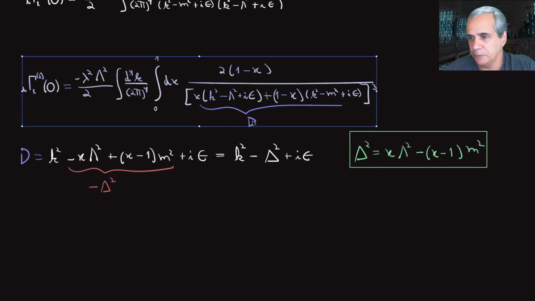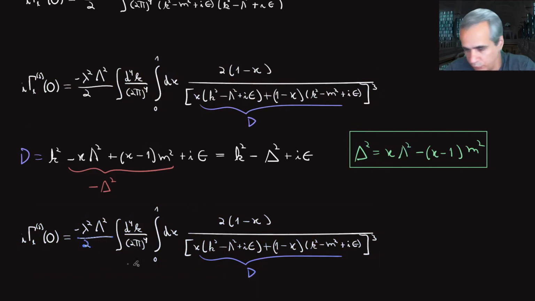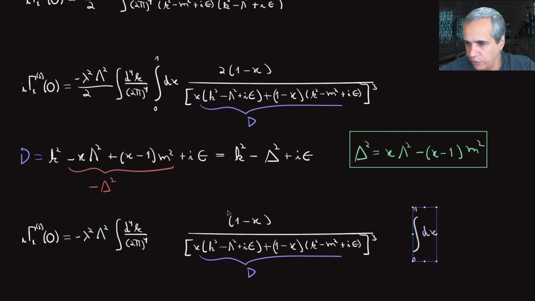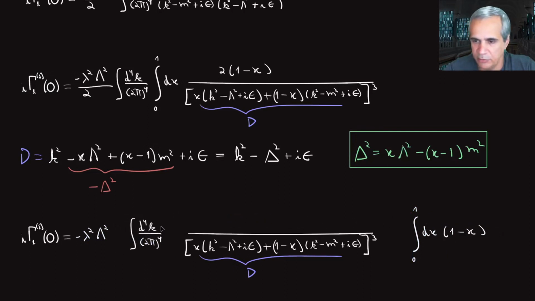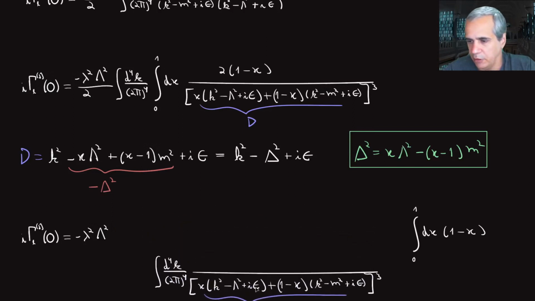Bring that here. These two go away with this one. I can change the order here. I bring the integral over x to the front because now I want to do the integral over k later.